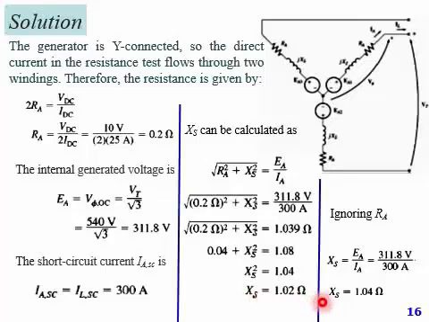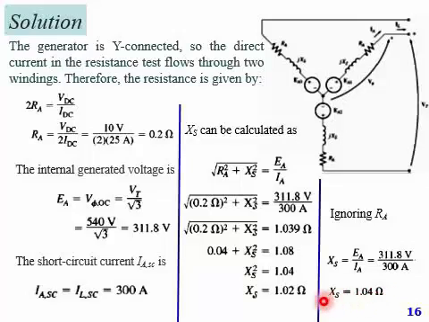After we know the value of X S, we can also assume and ignore R A. Now we want to check, if we ignore this value of R A, 0.2 ohm, what would be the result? If we ignore R A, the result would be 1.04 ohm. You can see the accurate answer is 1.02 ohm and the approximate answer is 1.04 ohm.